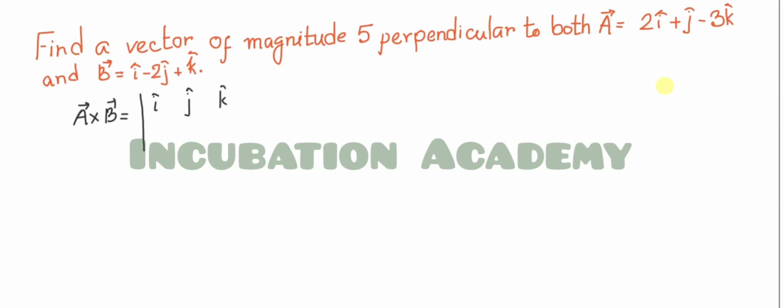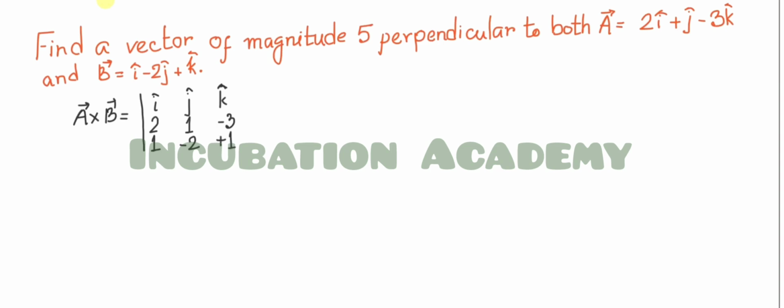What is ax? ax is 2. ay is 1. az is minus 3. And the b vector: bx is 1, by is minus 2, and bz is plus 1.